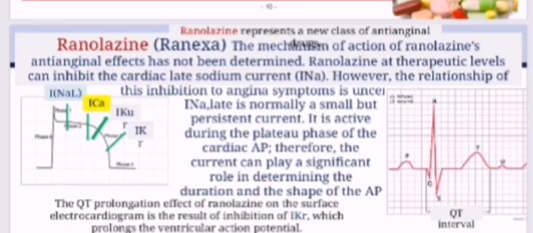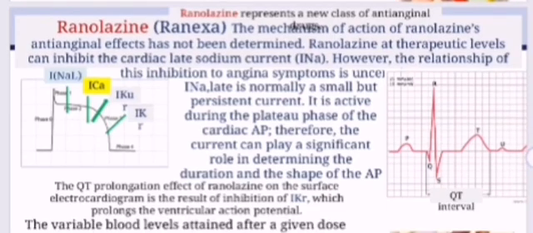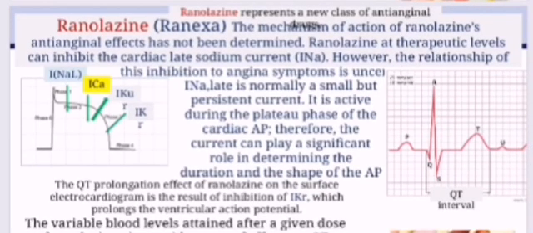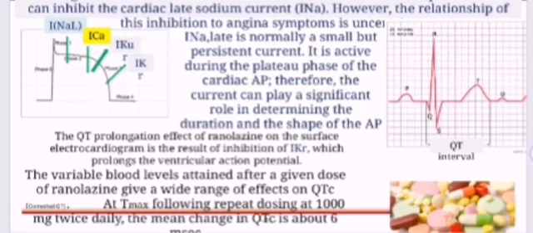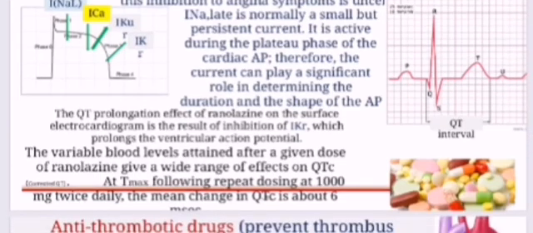However, the relationship of the inhibition to angina symptoms is uncertain. The late sodium current is normally a small but present current. It is an active current during the plateau phase of the cardiac action potential. Therefore the current can play a significant role in determining the duration and the shape of the action potential.